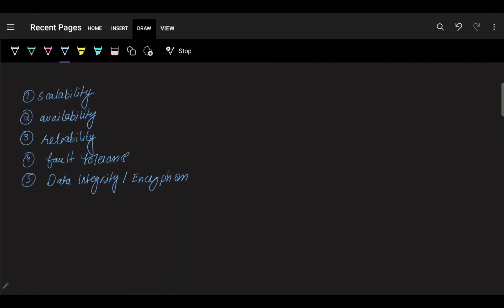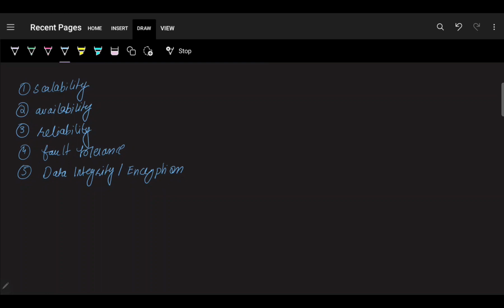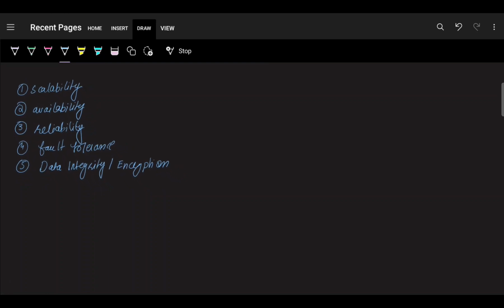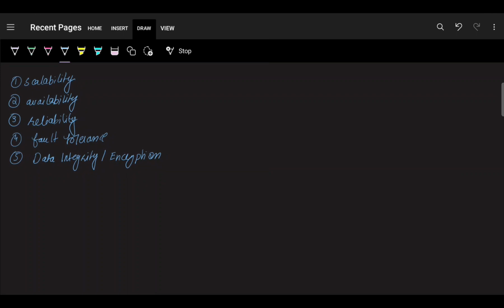So whenever I'm handed a system design problem, these are the 5 key components that I like to focus on. It gives you a trail of thought, a train that you can chase, and it's easier to start from scalability and then eventually end things up at data integrity or encryption.